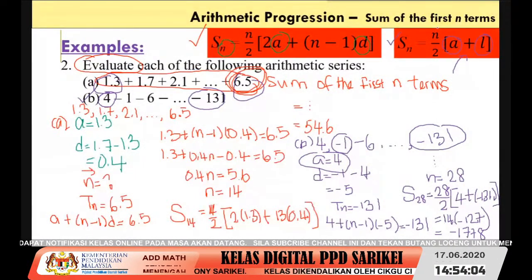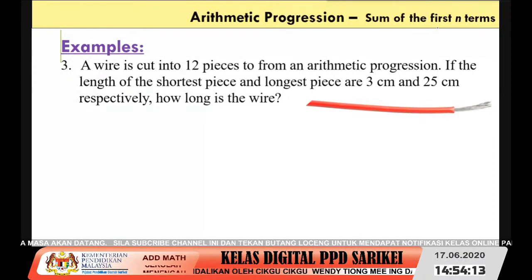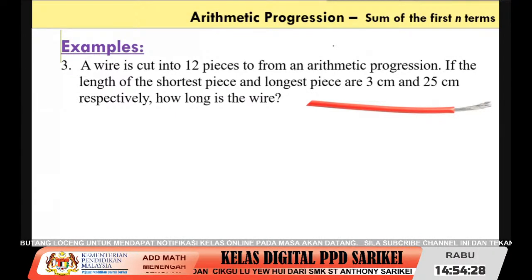Okay, the third question. This one is a daily life question. A wire is cut into 12 pieces to form an arithmetic progression. If the length of the shortest piece and the longest piece are 3 cm and 25 cm respectively, how long is the wire?